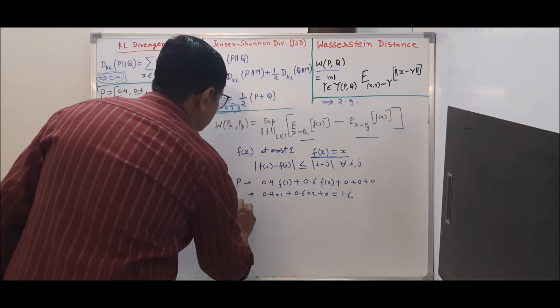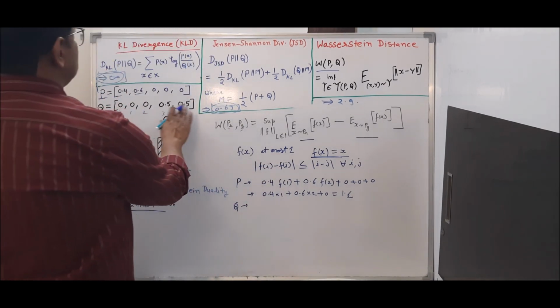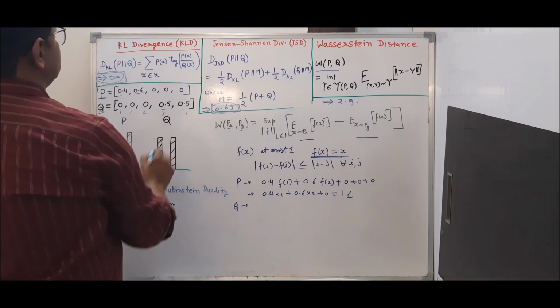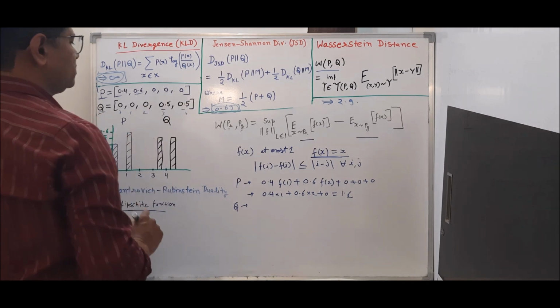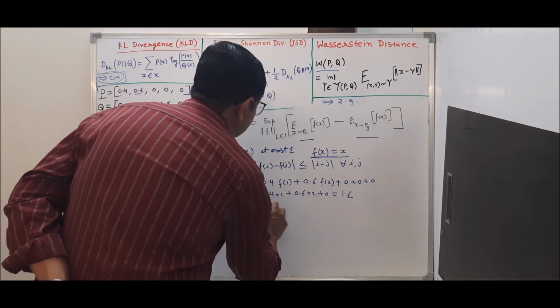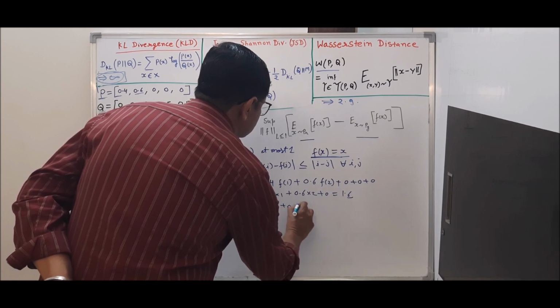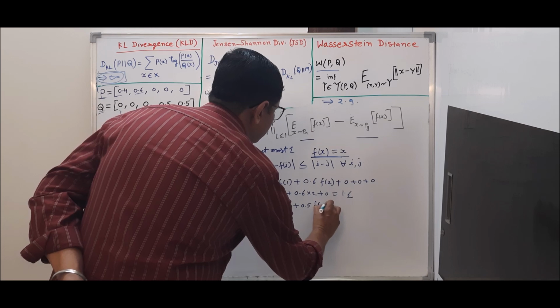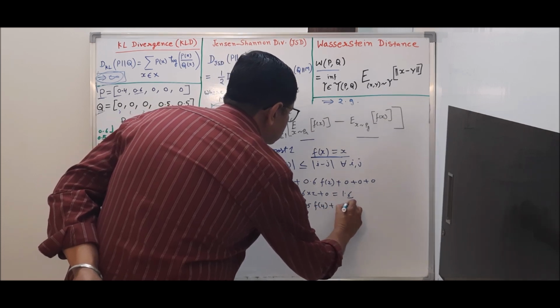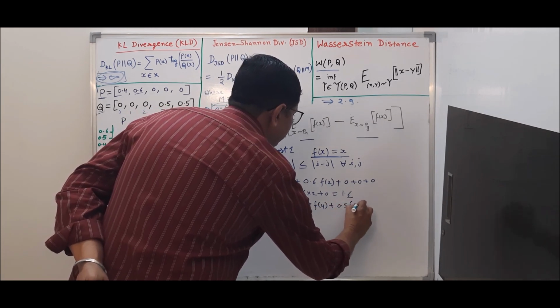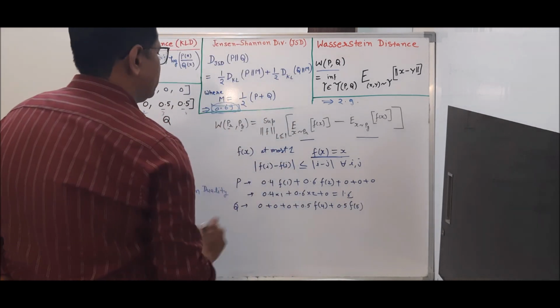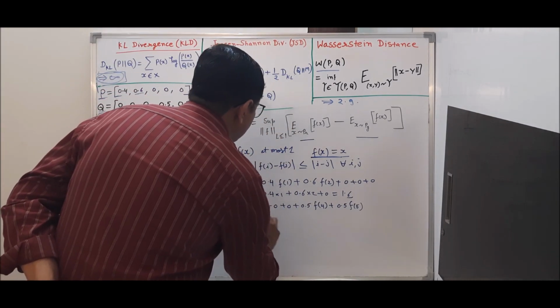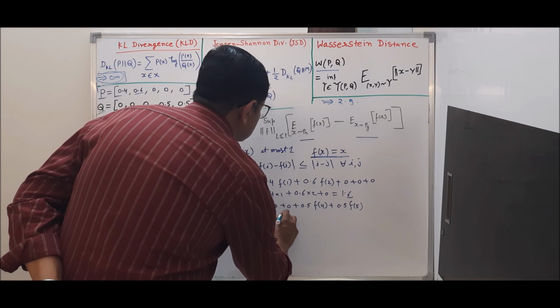And similarly for Q, the last two positions, like the 4th and 5th positions, contain the non-zero values. So the first 3 will be 0, and 0.5 into f4 plus 0.5 into f5. So based on that, it will be like 0 plus and so on.